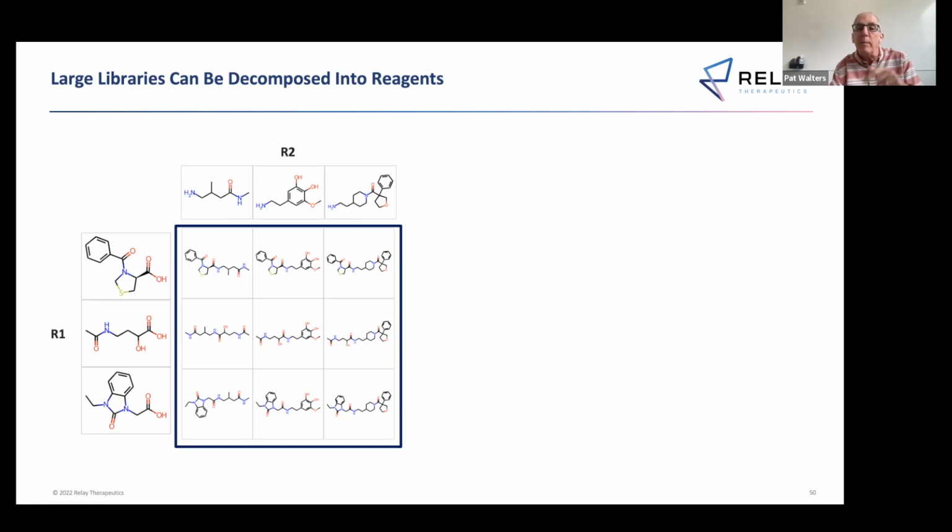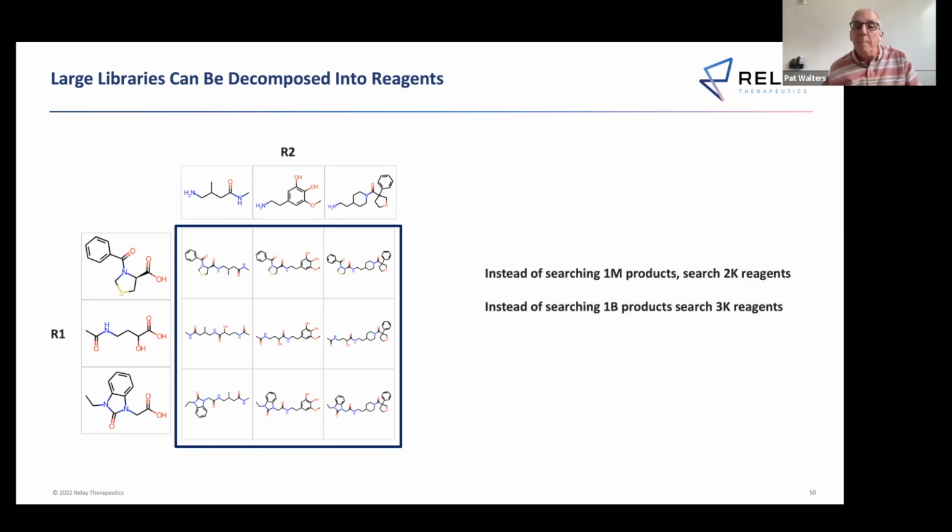If we start thinking about this in terms of these large libraries, if I've got 1 million molecules, that's 1 million molecules that I've actually made out of 1,000 building blocks. So rather than searching this space of 1 million products, can I reframe the search in terms of 2,000 building blocks?